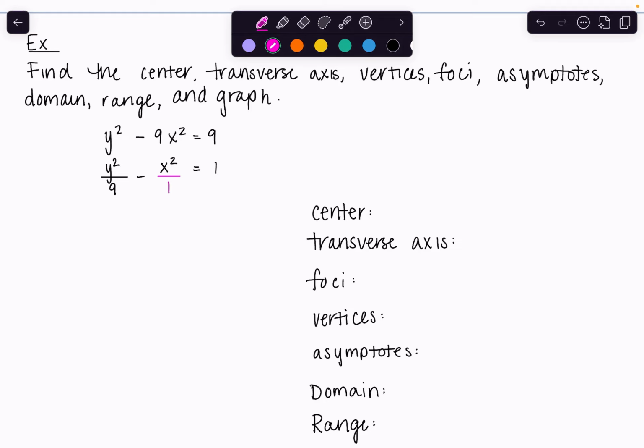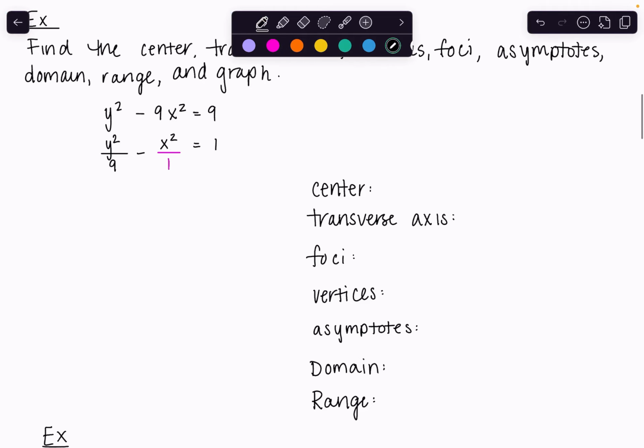Okay. So we're going to start by graphing this thing because that's going to help us then figure out all of these key pieces of information. That center is at 0, 0 because I have just x squared and just y squared. It is just like a normal circle. So I'm going to go ahead and go out 5 in each direction.